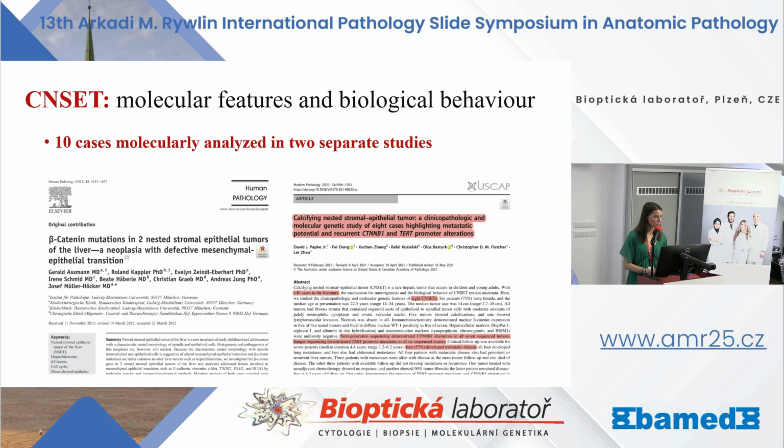There were 2 cases of calcifying nested stromal epithelial tumor examined, and the molecular analysis was aimed only at CTNNB1 mutations, which were detected in both studied cases. And the second publication comes from 2021. It was performed by David Papke and colleagues, and this is the only comprehensive molecular analysis performed on these tumors to date.